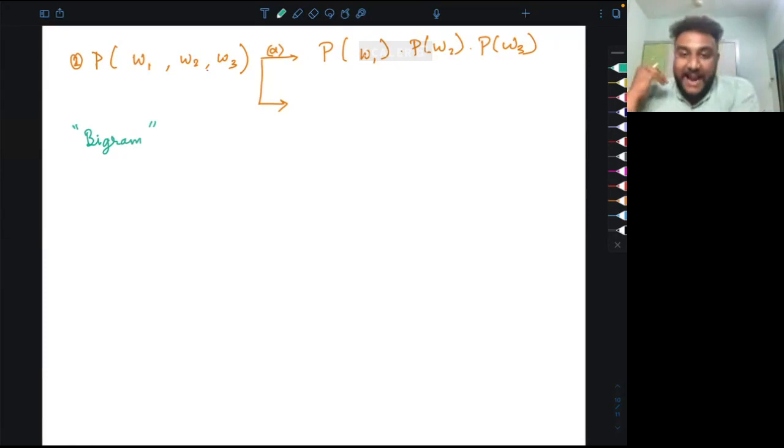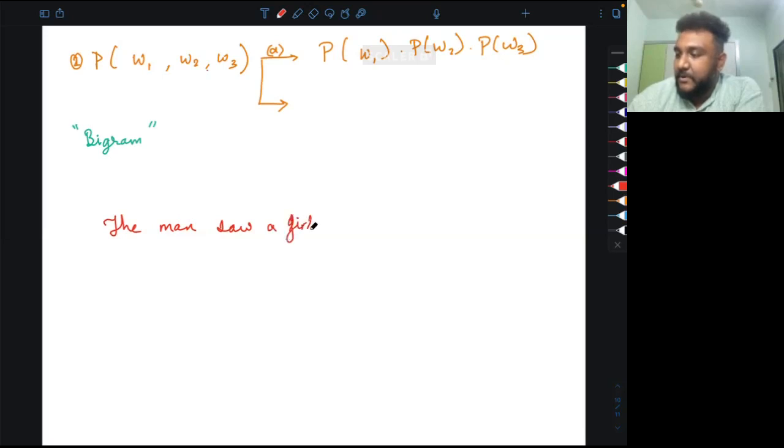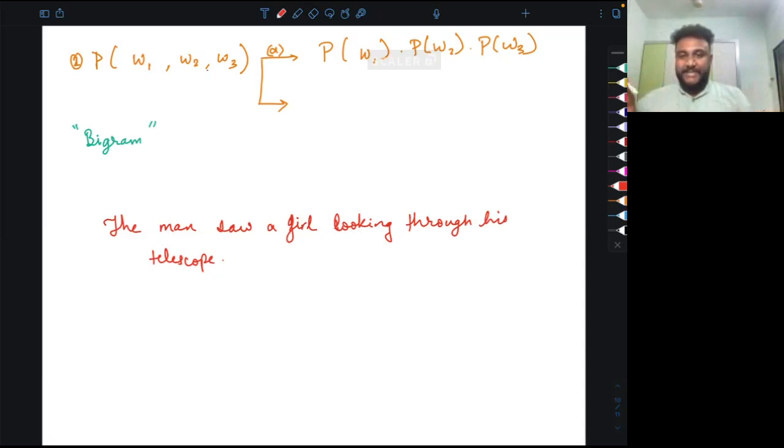The idea behind a bigram is, if I have a sentence, like let's take an example sentence: "The man saw a girl looking through his telescope." So there is a man who's having a telescope.